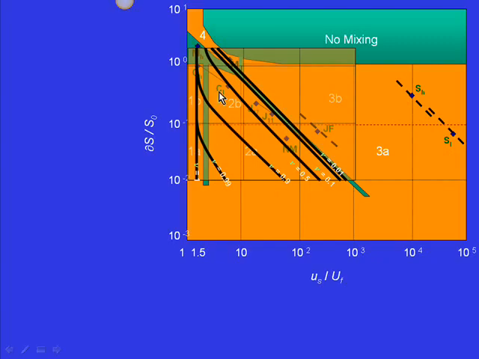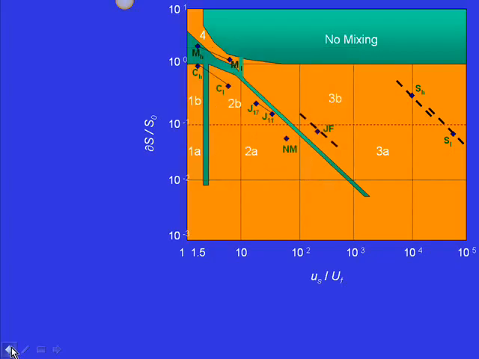In this whole region, the closer you get to this area, the more mixing of salt there is. The closer you get to this green diagonal, the more gravitational circulation is in charge of causing this transport of salt. So anyway, we have various examples.